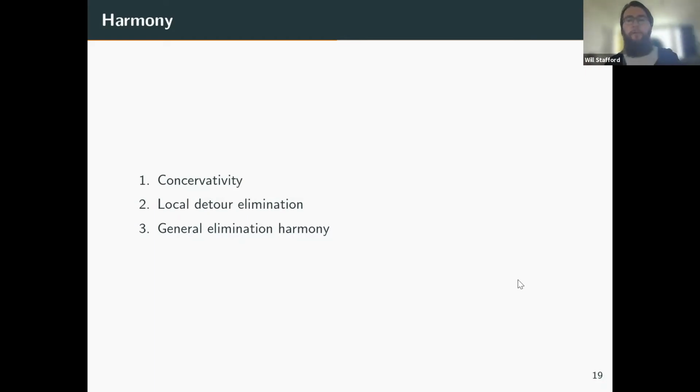That's what we saw at the beginning when we were doing the reductions. And then there are notions like general elimination harmony. In the questions, I'm happy to talk more about conservativity and general elimination harmony. But because local detour elimination played such a prominent role in the justification for proof theoretic validity, I'm going to focus on the fact that I don't think that Harrop's rule is harmonious in the sense of local detour elimination.